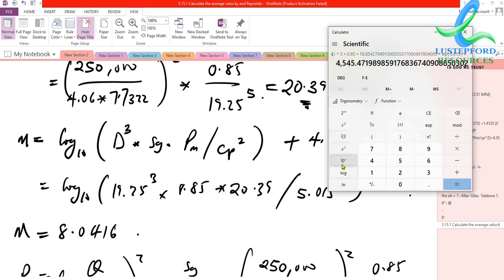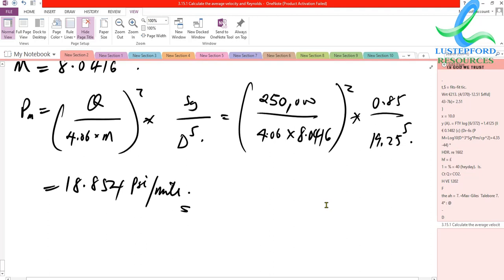Now I will do log of that plus 4.35. So we have 8.0076.